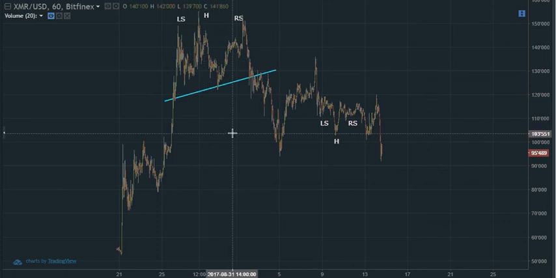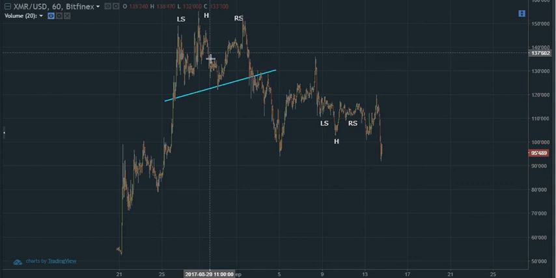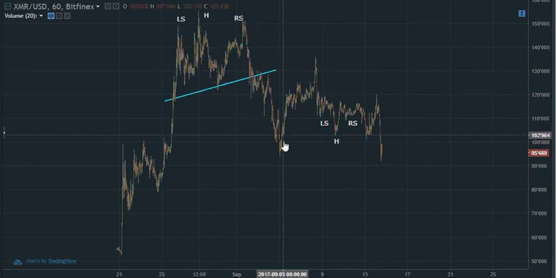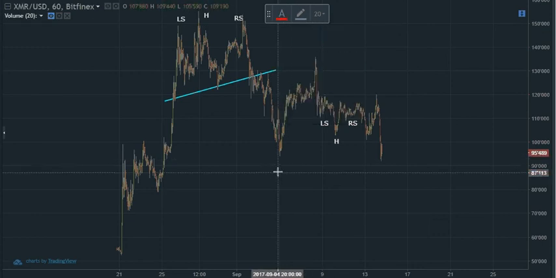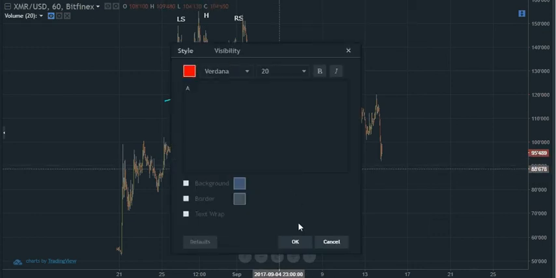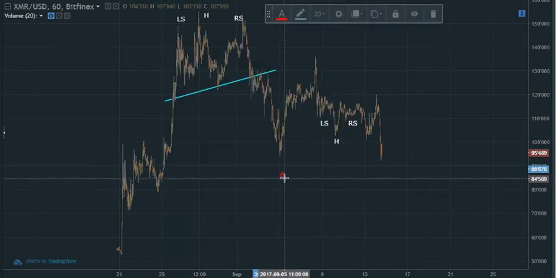Not exact mirror image, I know. And if that's the case, A, B, C is the count right here.